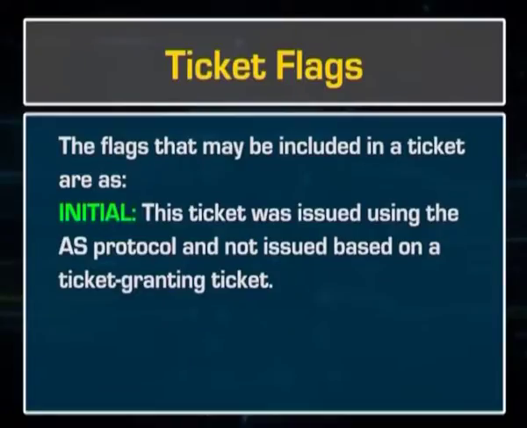Let's discuss ticket flags. The flags field included in the ticket in version 5 supports expanded functionality compared to that available in version 4. The flags that may be included in a ticket are as follows. Number 1 is initial. This ticket was issued using the AS protocol and not issued based on a ticket granting ticket.